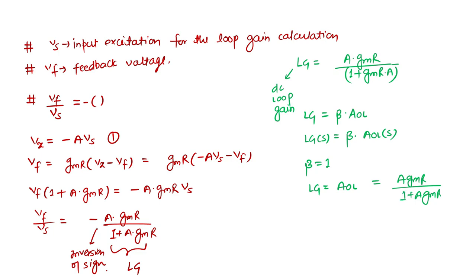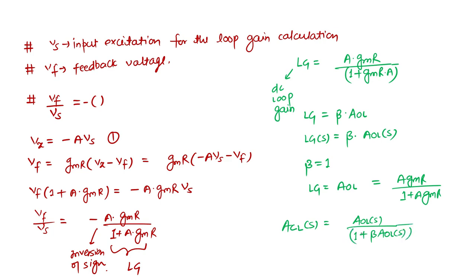The closed loop gain ACL can also be written, first in the S domain, as AOL(s) divided by 1 plus beta AOL(s). We usually write it like this.